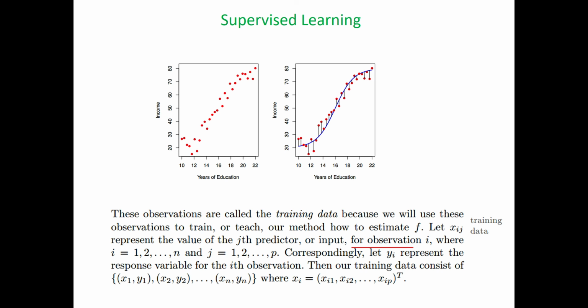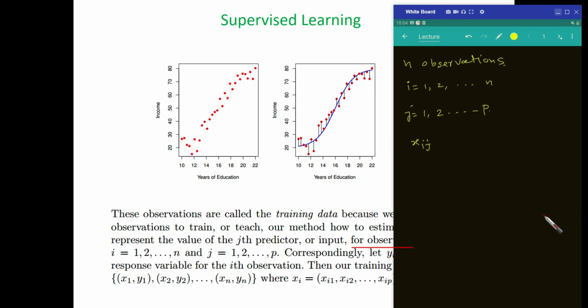For example, we are talking about the ith observation, and for the ith observation we are talking about input variable j, so we can write it in this simple way.